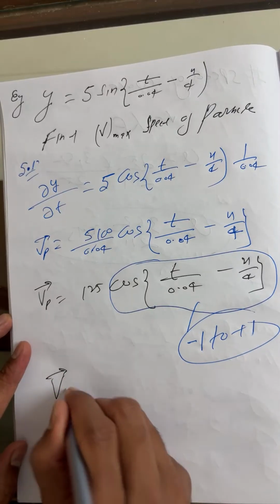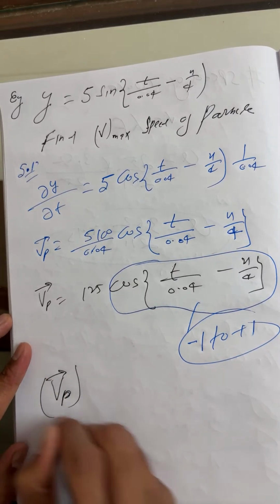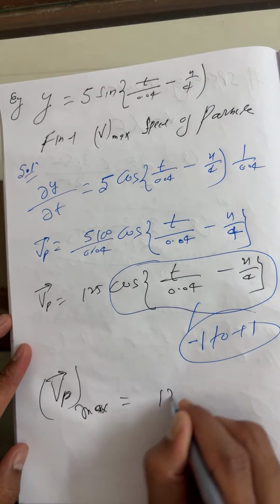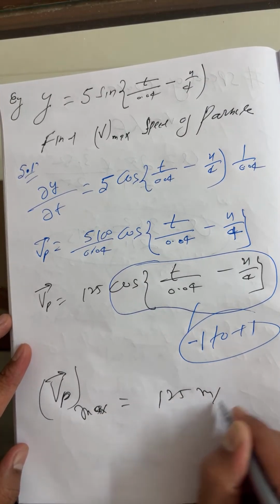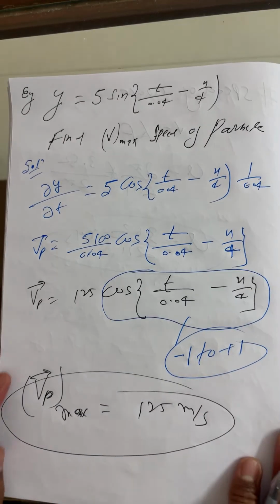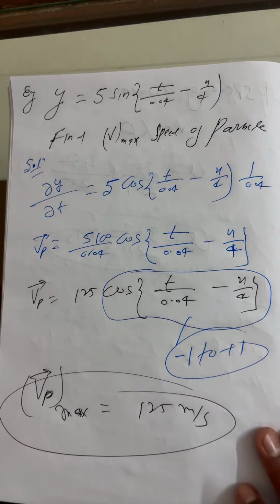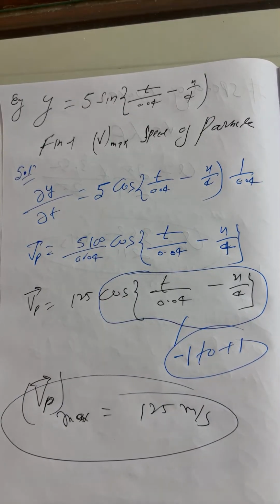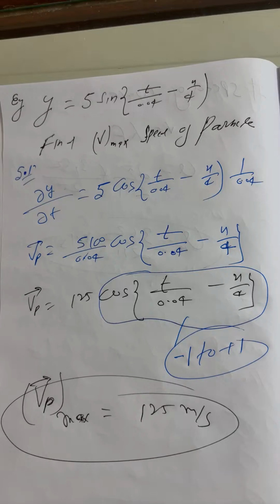This is the answer for this question. Right, it's not tough at all, but it's highly required to keep all the basic points in mind. Then you will get the answer to these questions.